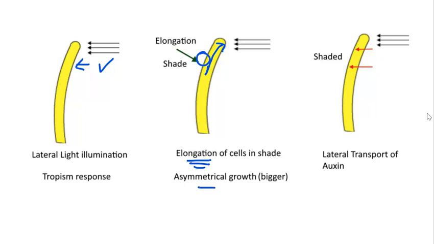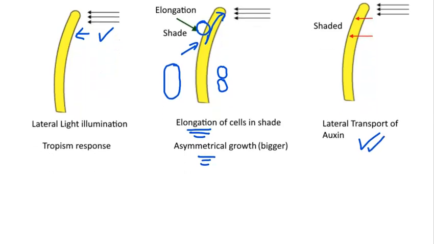There is asymmetrical growth, and in this the cells in this area here are elongating, whereas on this side the cells are still small, and so we get a bending action towards the light. It was hypothesized that this was due to a lateral transport of auxin. The mechanism would be later revealed.